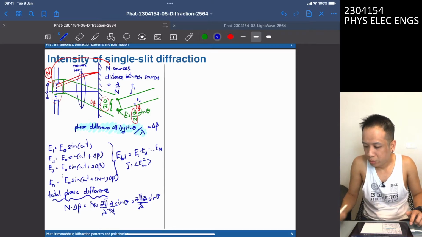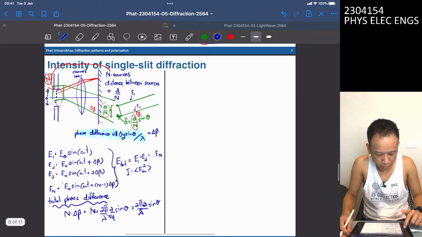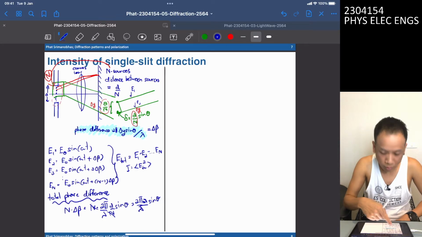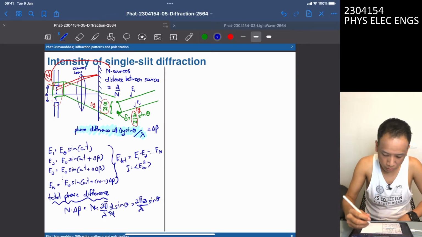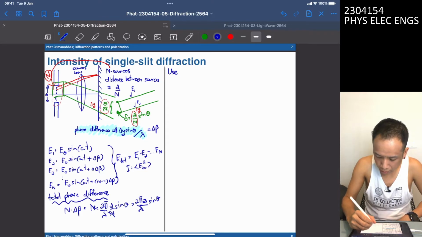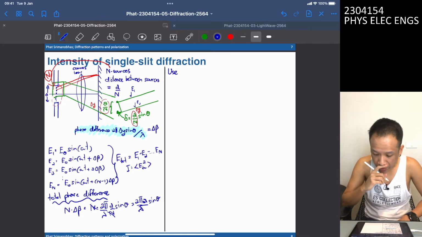Okay, let's try to solve it. We start with the trigonometric relations.